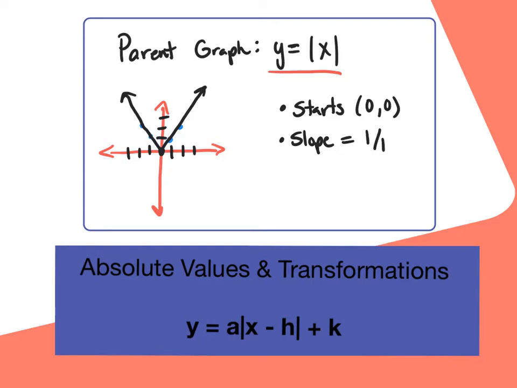And the other thing you should notice is that it opens going upward. That's key as well, and we'll talk about that after a while. Those are the three things you're going to notice here. This is the parent graph. It doesn't have the a, h, or k values around it. It's where everything is going to originate, because we're going to take this graph and shift it all over the place, or what we call transform in math.